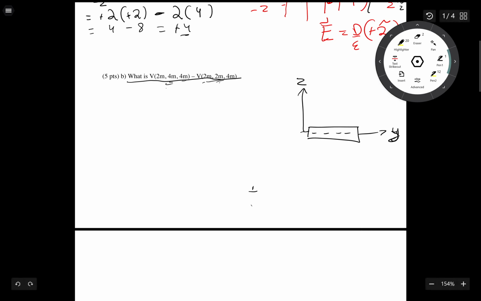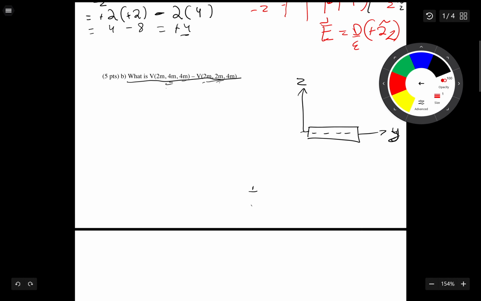I know my electric field is coming over here from positive to negative, and my charge movement is from this point to this point, 4 meters, and y over here is 2 meters.